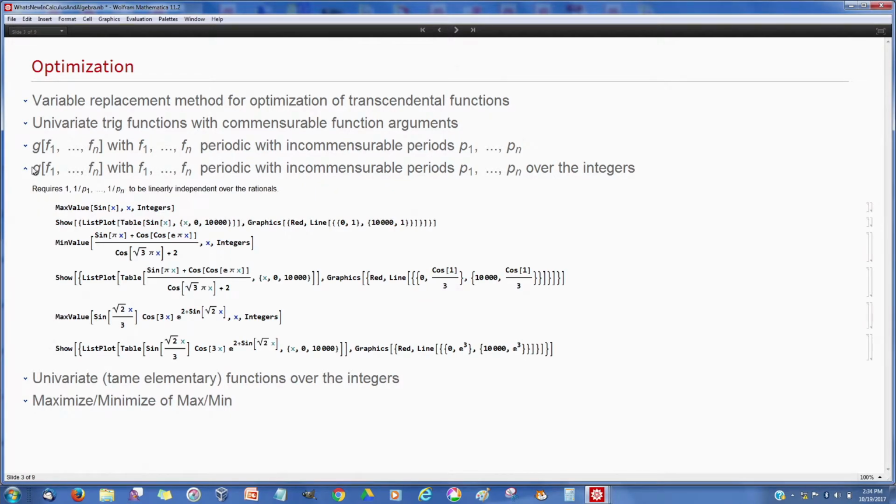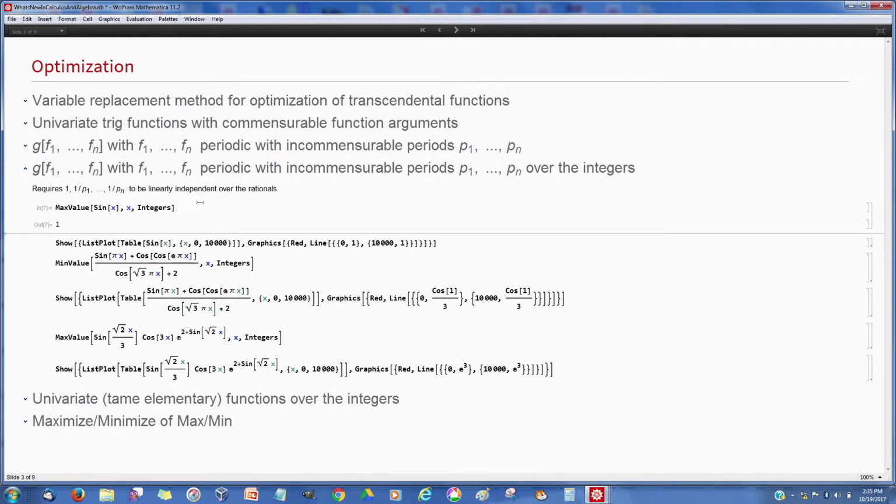Here is the same kind of problem over the integers. Here, 1 and the inverses of periods have to be linearly independent over the rationals, and again, we can compute the mean and max value in such cases.